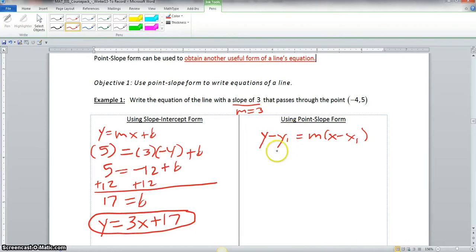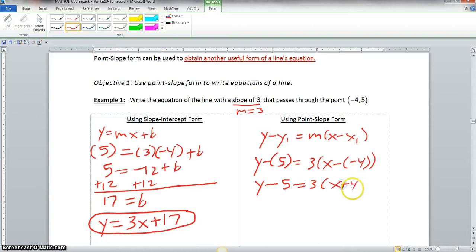Now we go to the point-slope form. We will have y minus y sub 1, which is 5, is equal to the slope, which is 3, times x minus x sub 1, which is -4. So this will give us y minus 5 is equal to 3 times the parenthesis x plus 4. Now, this is actually the completed point-slope form, but typically in most problems they want you to convert point-slope form to slope-intercept form.